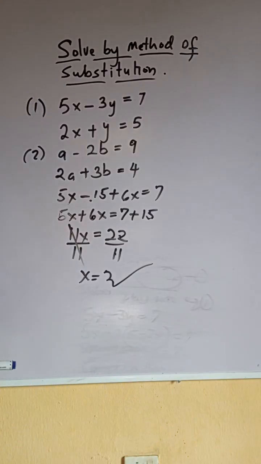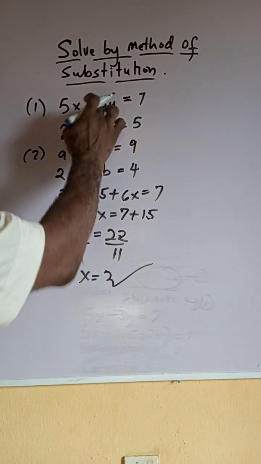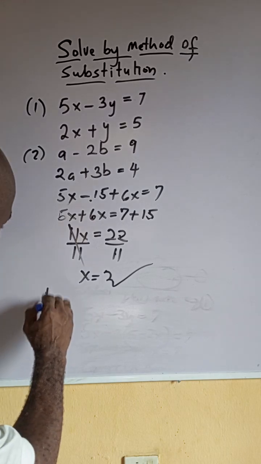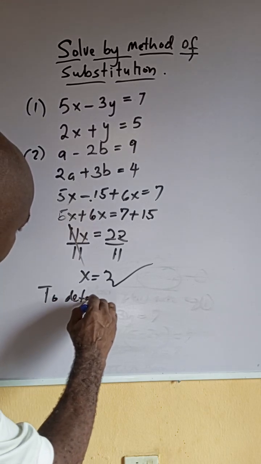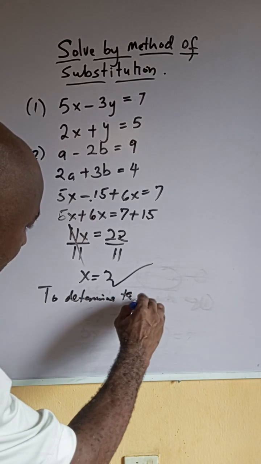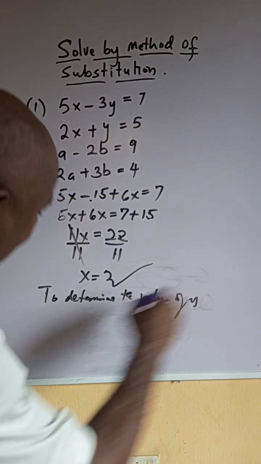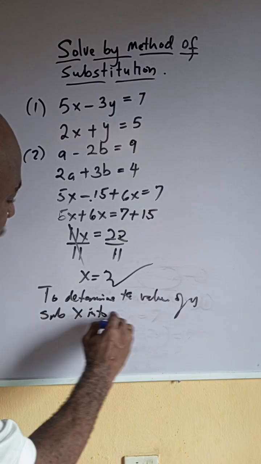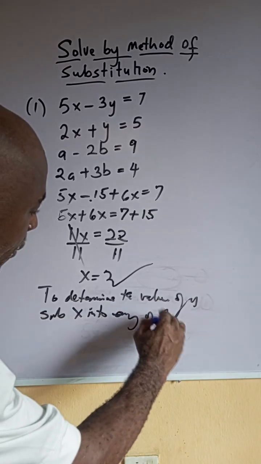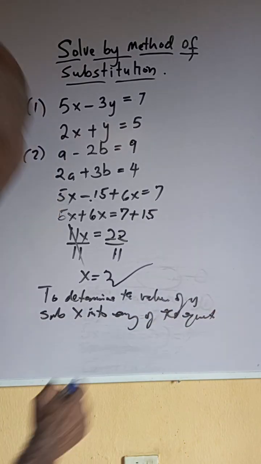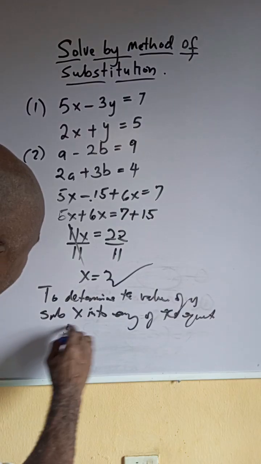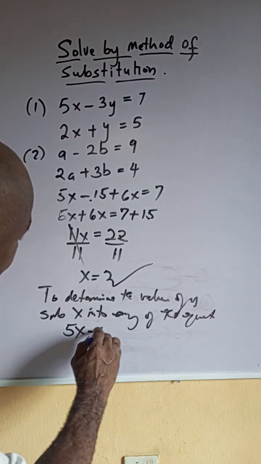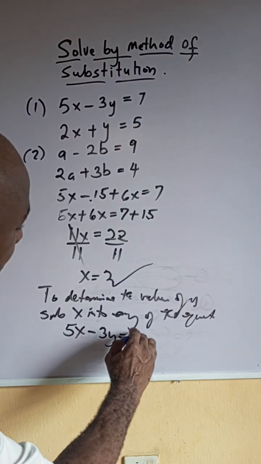To determine the value of y, substitute x into any of the equations. I choose equation 1. From equation 1, 5x minus 3y is equal to 7.